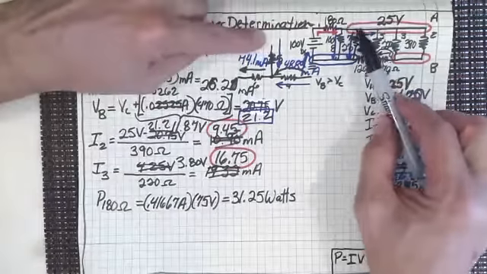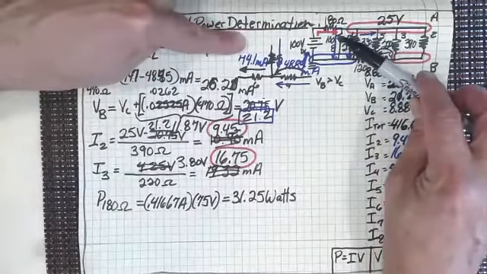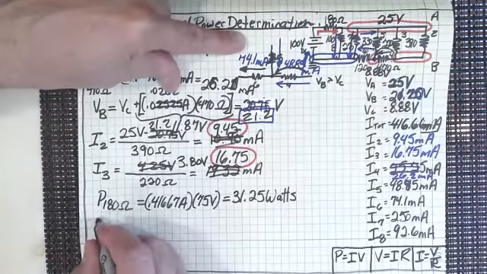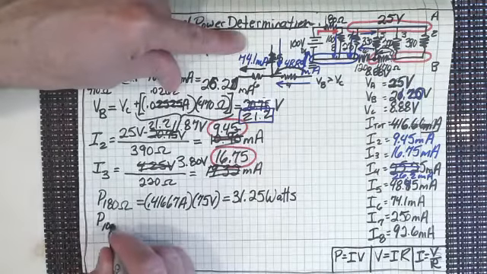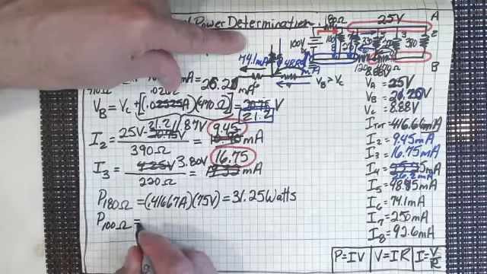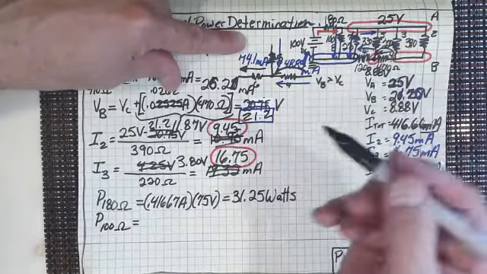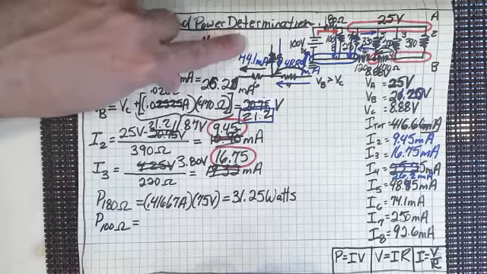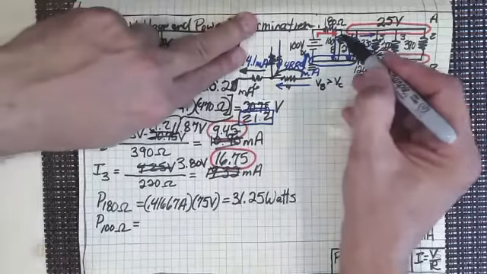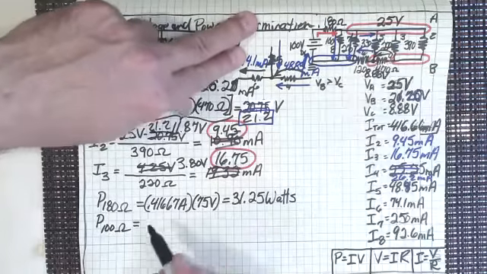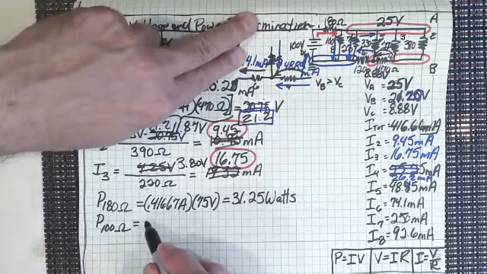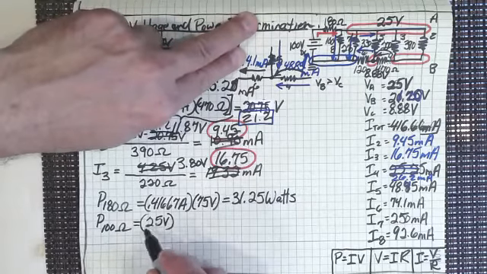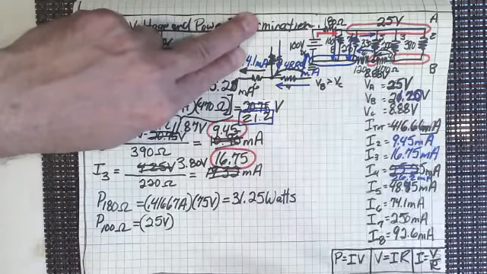If we look at the rest of the circuit, we can see that there's a lot of current flowing through that 100 ohm resistor right there. So what is the power flowing through the 100 ohm resistor? Well, again, power equals VI. The voltage across that 100 ohm resistor is going to be 25 volts. Not as much as the 75 volts, but still quite a bit.